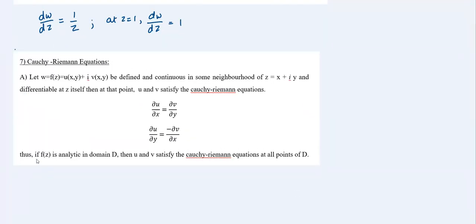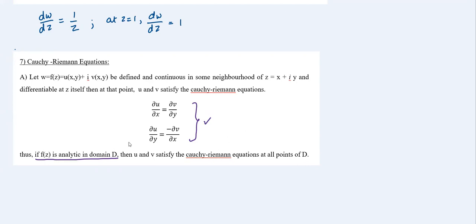Thus, if f is analytic in the domain D, then u and v satisfy the Cauchy-Riemann equations at all points of D. So wherever the function is differentiable, the Cauchy-Riemann equations are satisfied. If a function is analytic, at every point it should satisfy the Cauchy-Riemann equations.